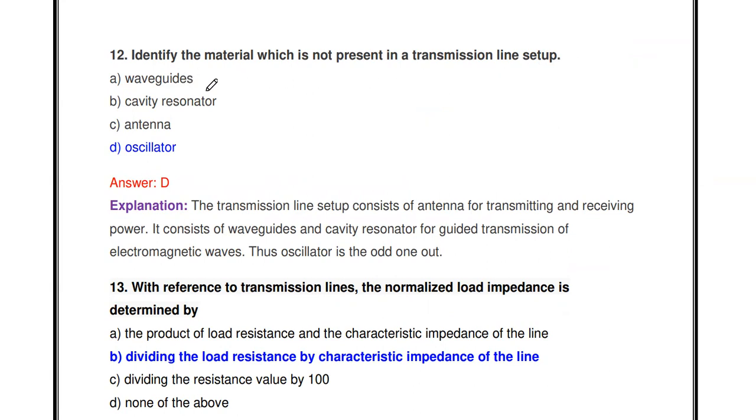Waveguides, cavity resonator, antenna, oscillator. The oscillator is not used in the transmission line setup. In a transmission line setup, we use waveguides and cavity resonators. For transmitting and receiving the signal, we use an antenna. But the oscillator is not present in the transmission line setup.